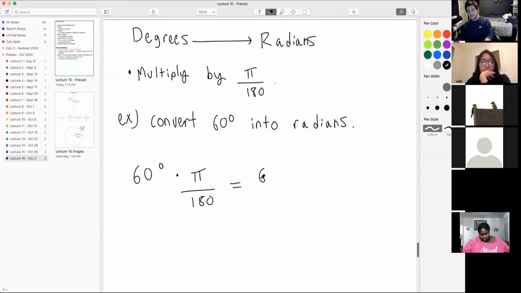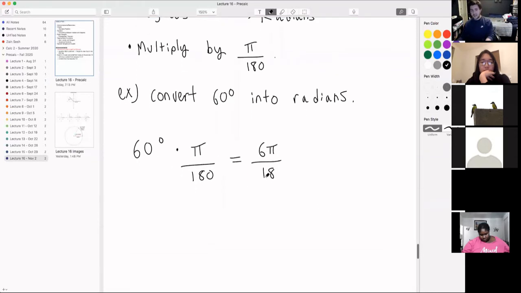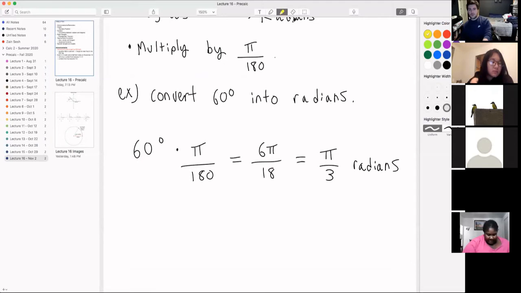You will get that this is equal to 6 pi over 18. Remember, we're multiplying fractions, so you just multiply straight across, and then you can reduce this fraction, pulling out a common factor of 6 from the top and bottom, and this will be pi over 3 radians.